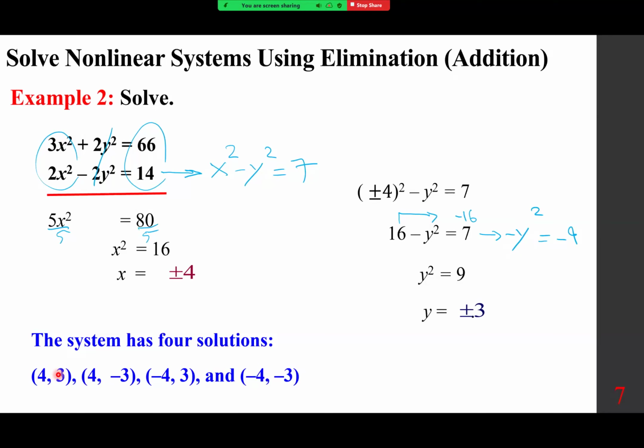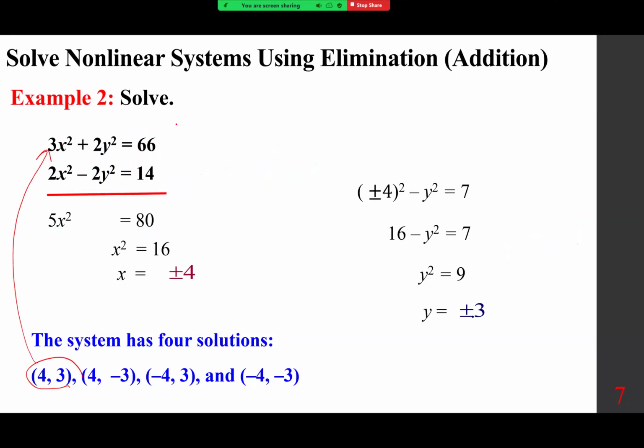So if we check one of them, for example, 4 and 3, this will give us 3 times x, which is 4 squared, plus 2 times y, which is 3 squared, and the answer should be 66.